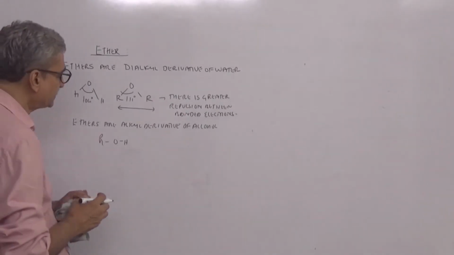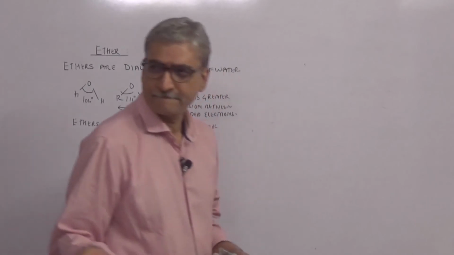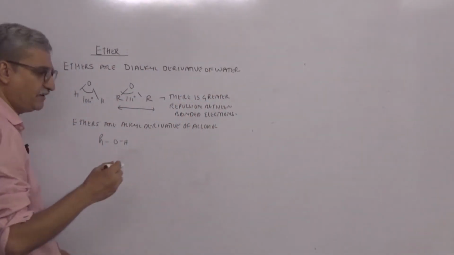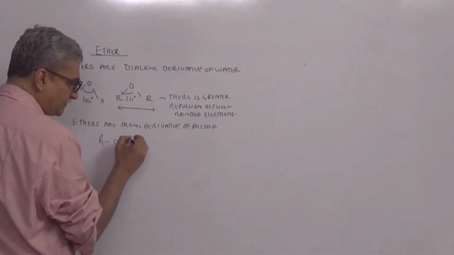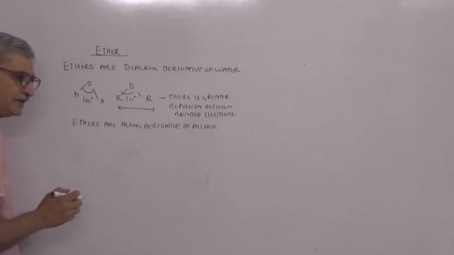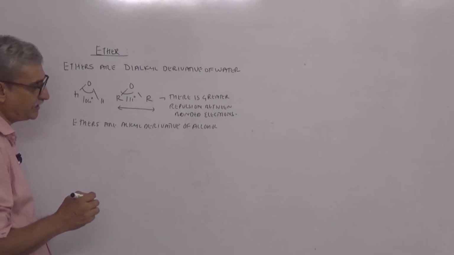Not much is there. So ethers are alkyl derivative. See, alcohol is ROH. So what happens? H is replaced by R dash, so we get ROR dash, ether. Is this point clear?